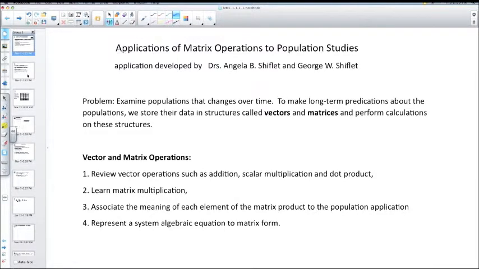This nice application in population studies will connect the mathematics language to the real-world content, and then you know the meaning of the matrix and the meaning of the operation. I hope this will help you.